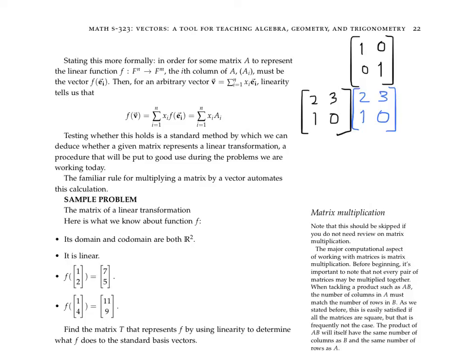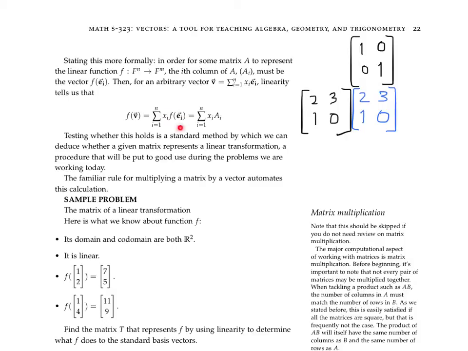If I have this matrix that's trying to act on an arbitrary vector, we can break down that vector into a bunch of different multiples of the standard basis vectors. And when a function that's represented by a matrix acts on a standard basis vector, it extracts the ith column.